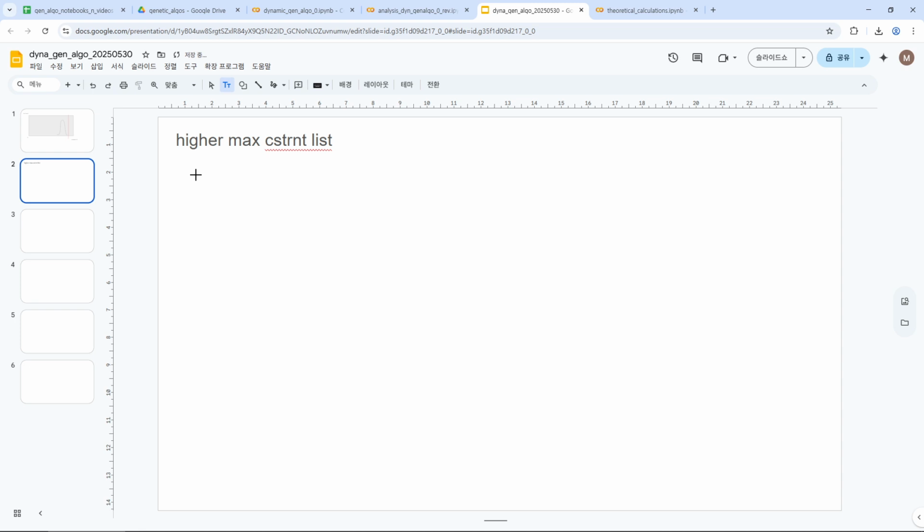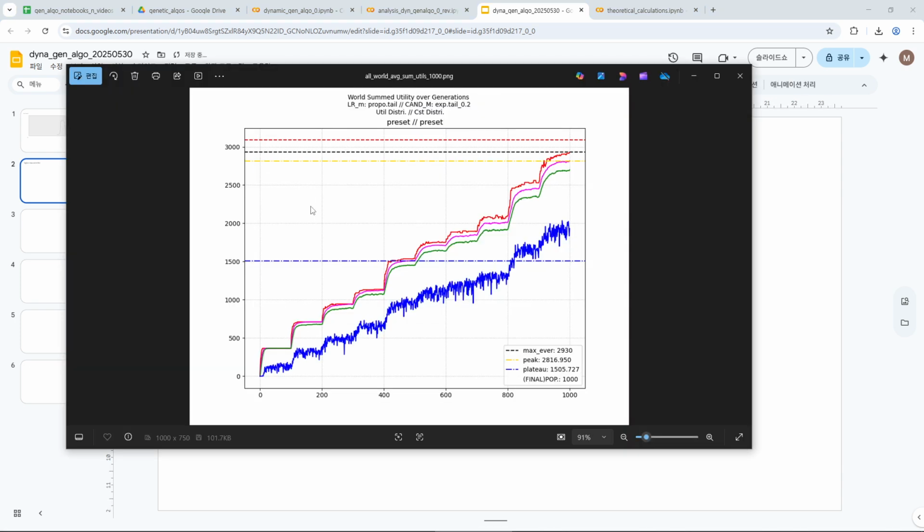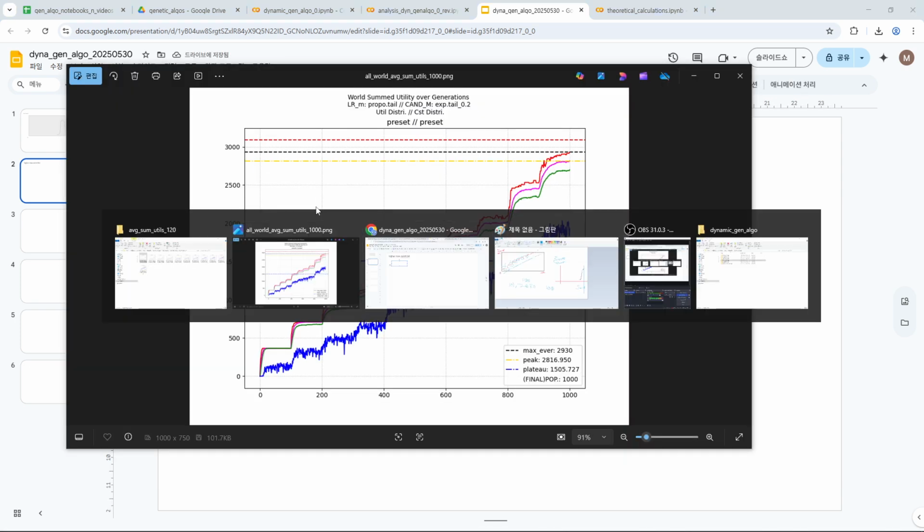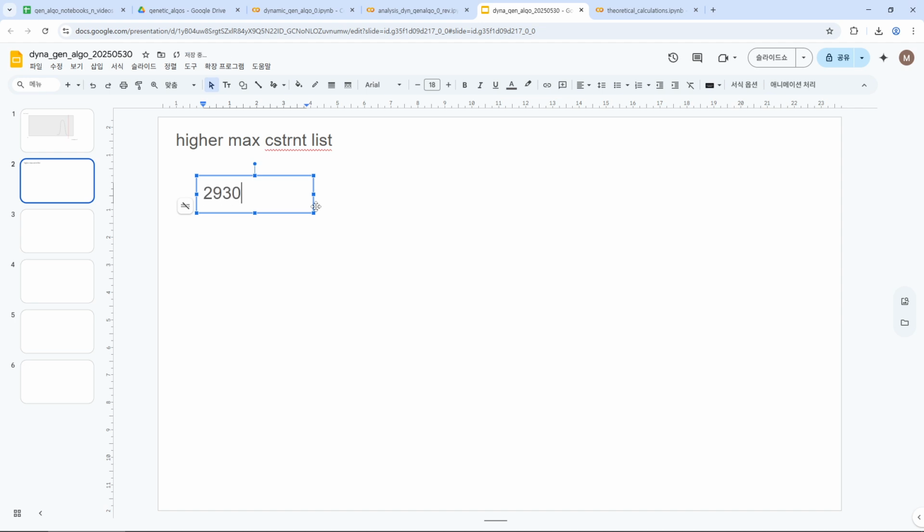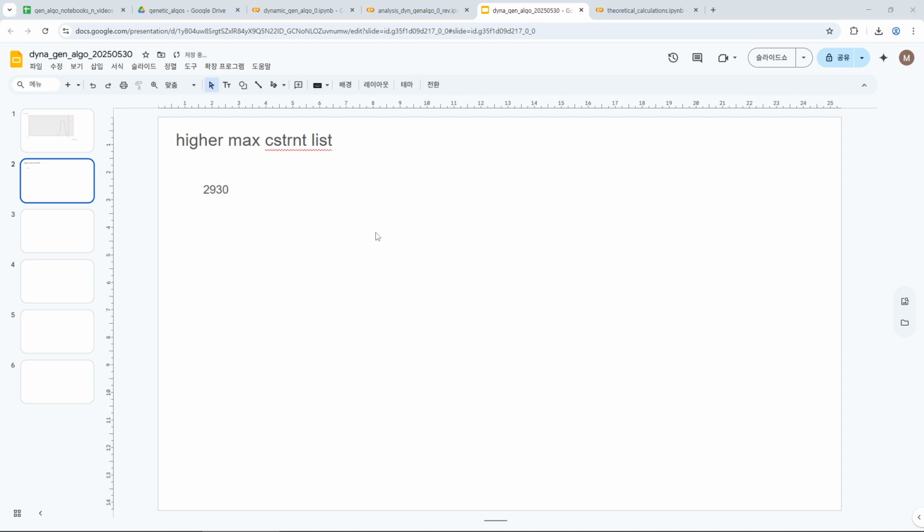And there we go, 2930. So that goes away. 33 more to go. And in the next one, I increased the size of the population from 1000 to 2000, with everything else being the same.